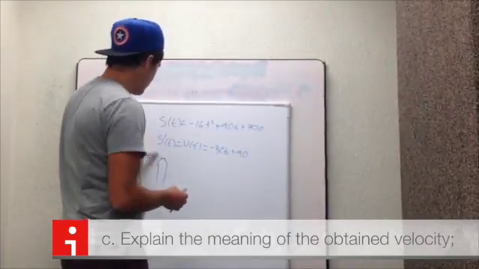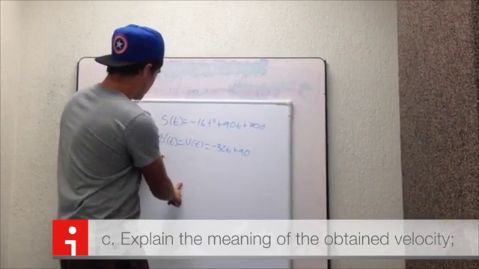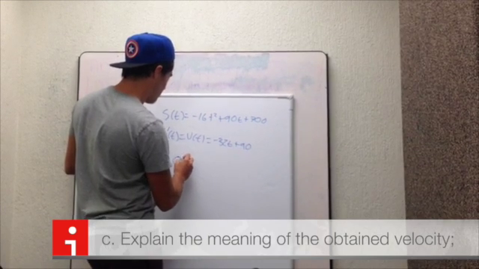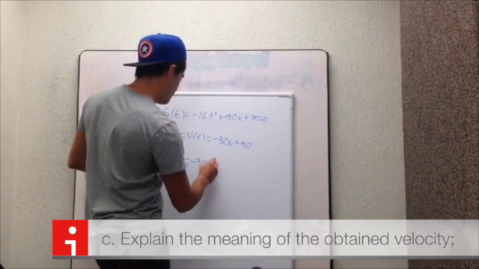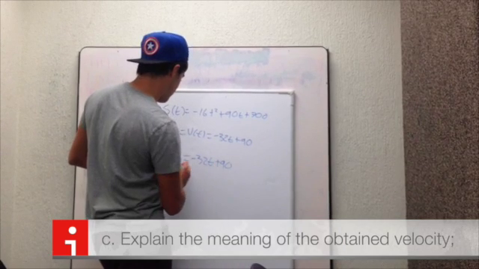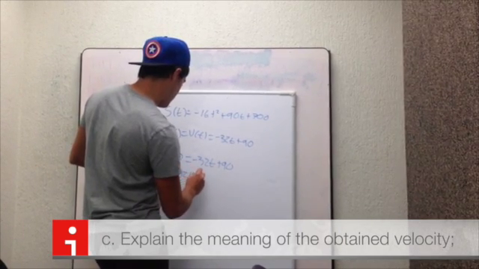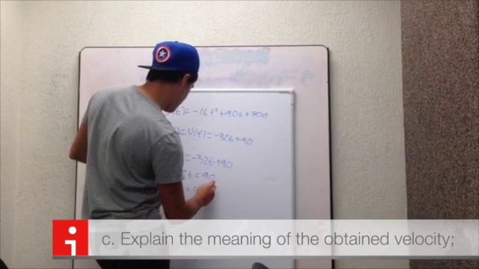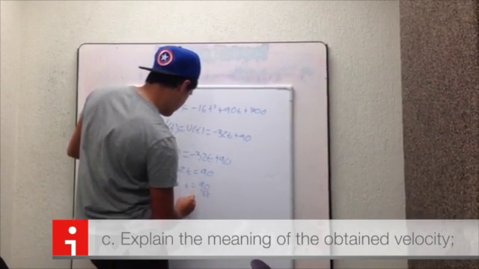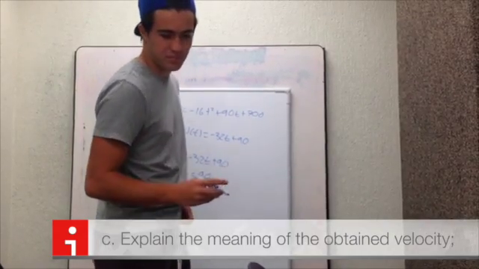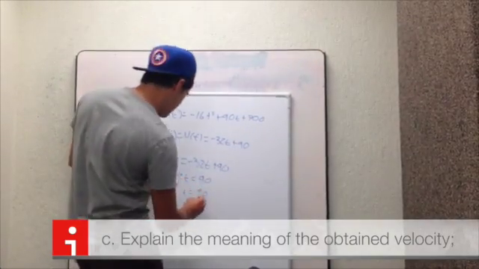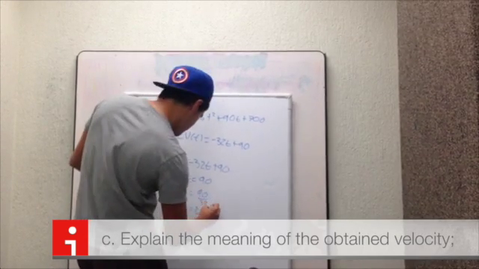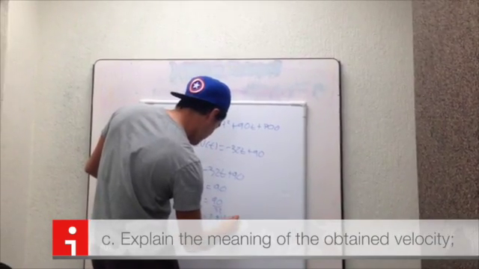We use this velocity equation and set it equal to 0: minus 32t plus 90 equals 0. So 32t equals 90, and t equals 90 over 32. Time is 2.815 seconds.